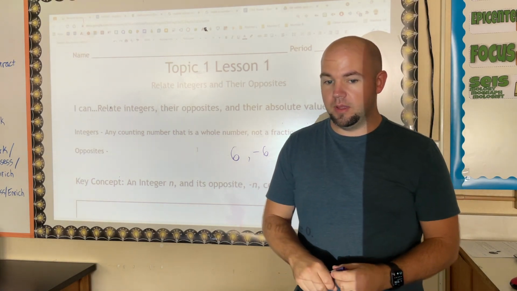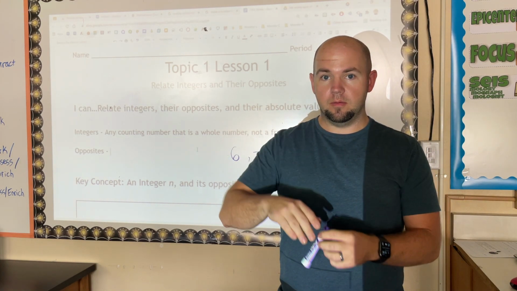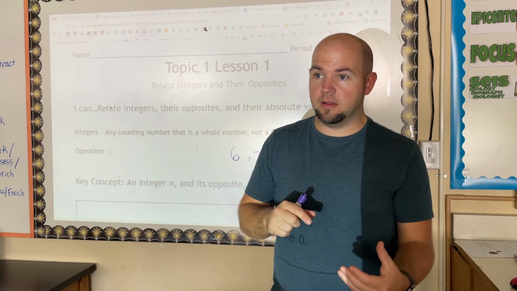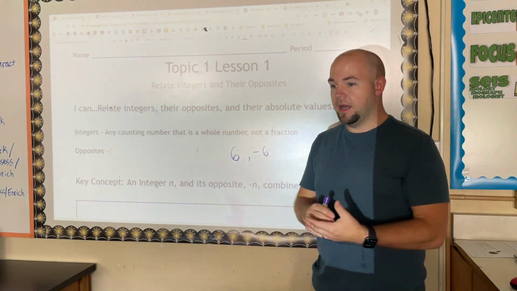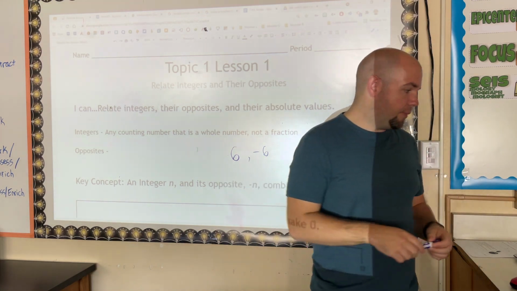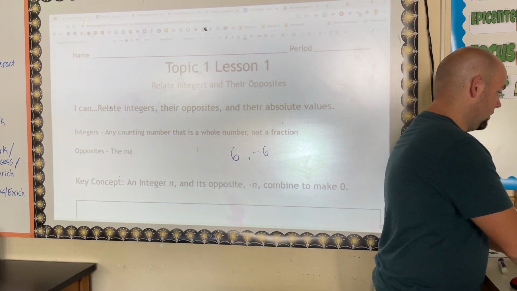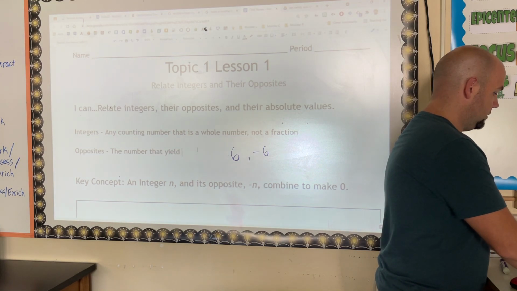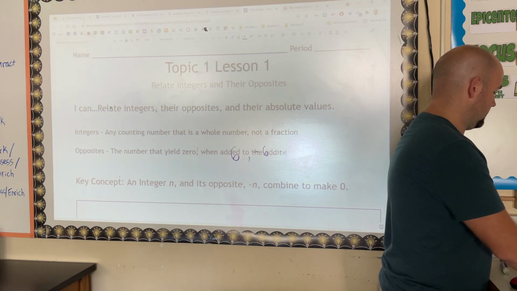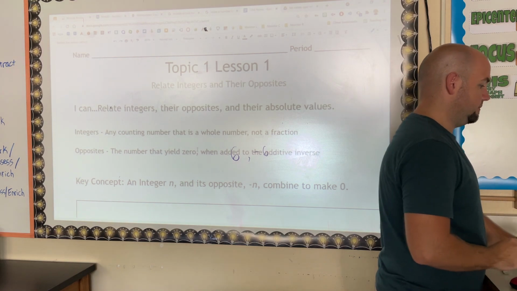If I am 10 feet above the water and I move -10 feet, I'm at 0. So an opposite is the number that yields 0 when added to the additive inverse.